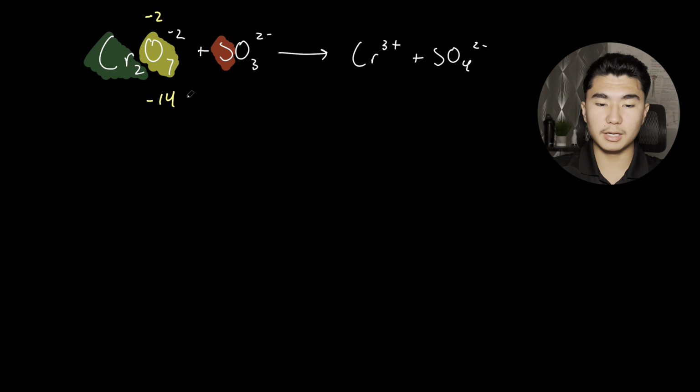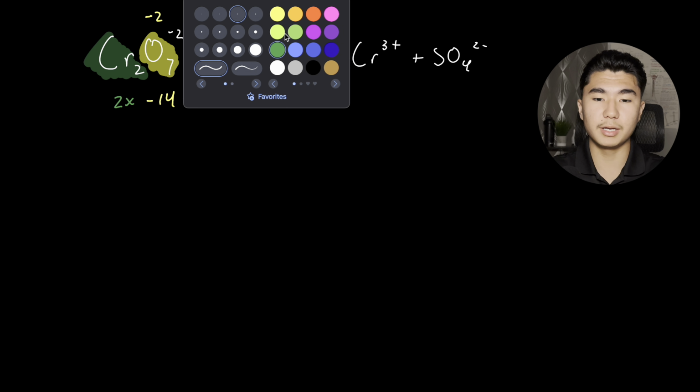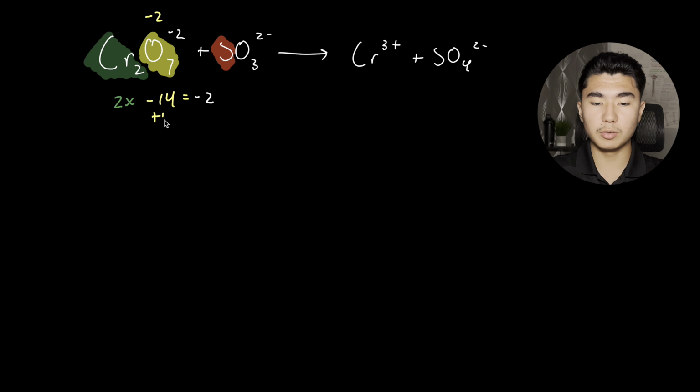So all we have to do is ask ourselves, what number times 2 minus 14 gets us -2? Or we can just do basic algebra. And when we do that, this is plus 14. So this is going to end up being 2x equals, and I actually forgot to put the 14 over here.